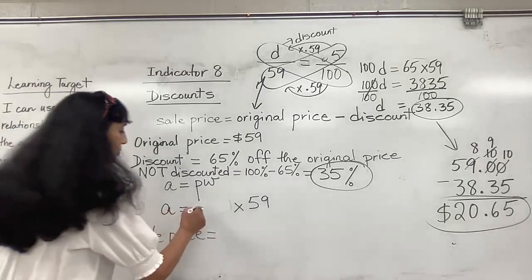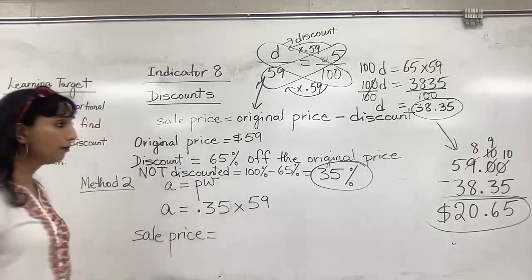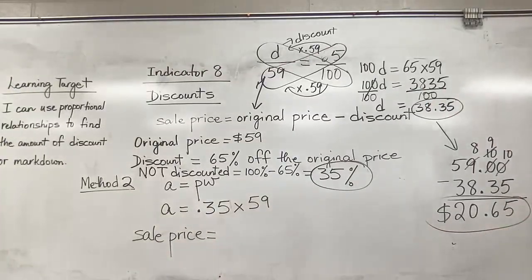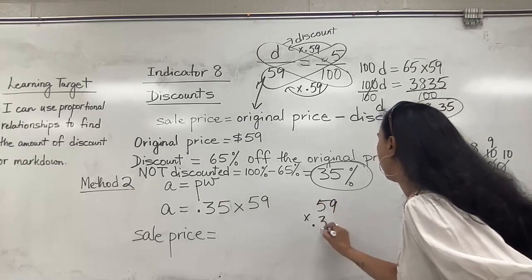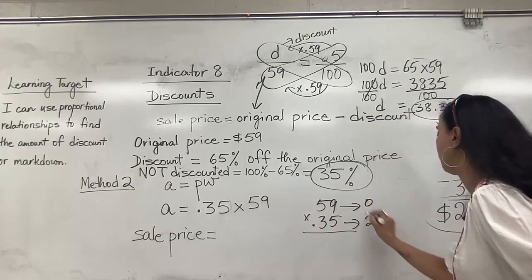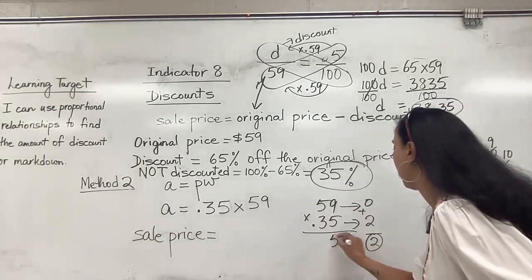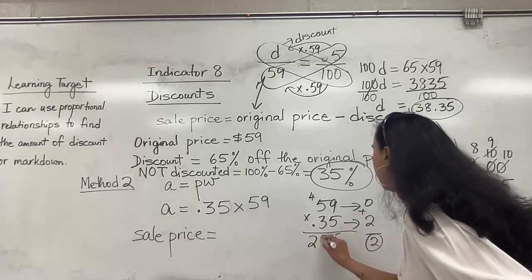So look, I'm going to do is 35% is 0.35. Okay. And so when I multiply 0.35 with 59 times 35, okay, zero digits, two digits behind the decimal, total amount 2. 9 times 5 is 45, carry over the 4. 5 times 5 is 25 plus 4, that gives me 29.